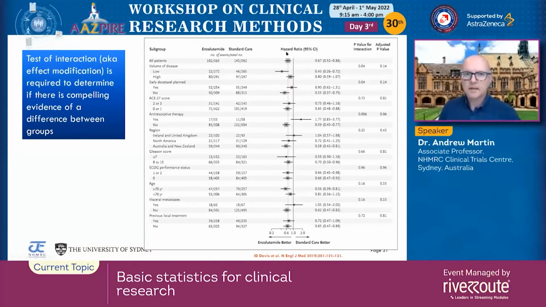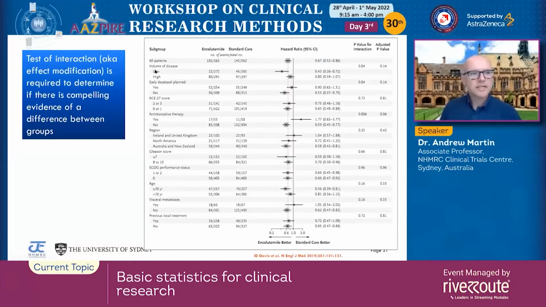It's being expressed as a hazard ratio, so you can think about it as the ratio of the death rate in the two arms, and you can see that that is being slowed down by enzalutamide. The rate in the enzalutamide arm is only 0.67 that of the control arm.